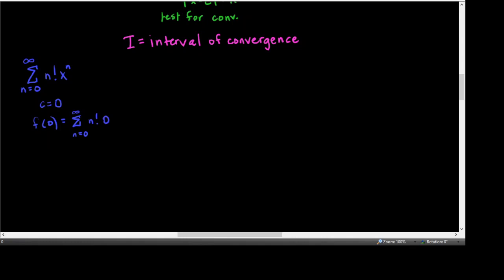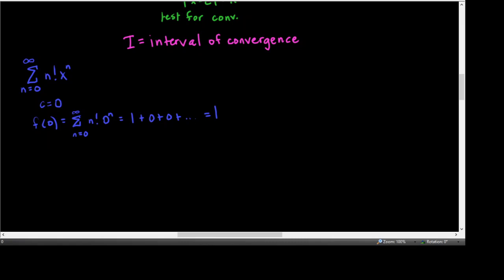That will become 0 to the nth, which is going to be 1 plus 0 plus 0 plus 0 equals 1, so it converges.